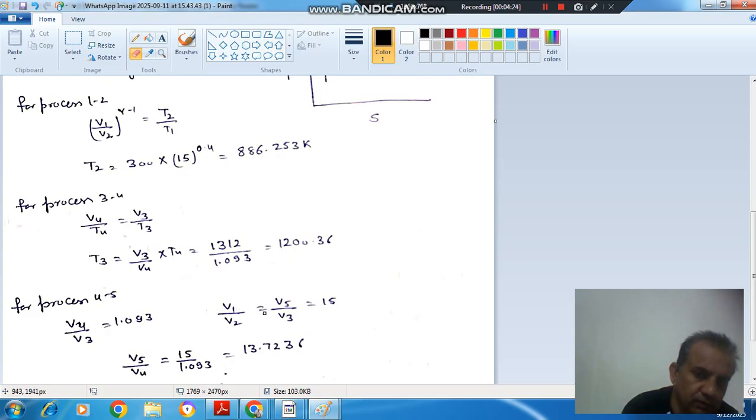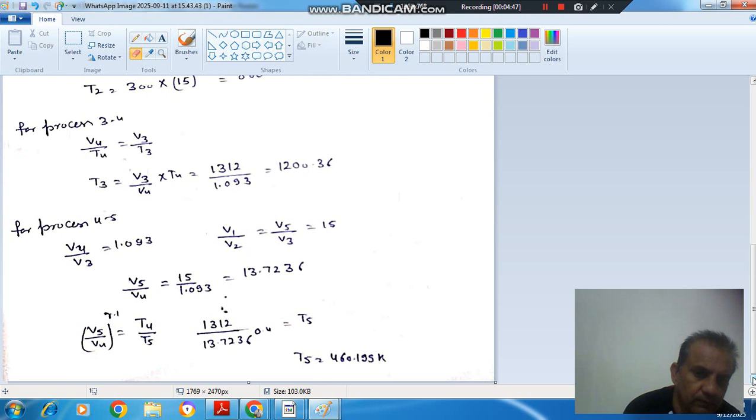From V5 by V3 and V4 by V3 we can find out V5 by V4. That is 15 by 1.093, that is 13.7236. We have temperature at 4, that is maximum temperature 1312, and we have now V5 by V4. We can use the isentropic relationship and find out T5, that is 460.11199 Kelvin.